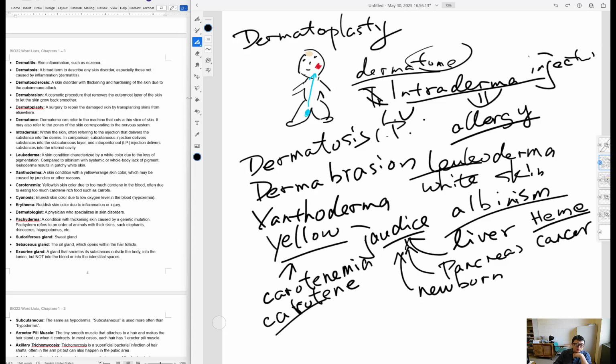Where can you find carotene? Carrots. Largely, these people eat too much carrot, accumulate too much carotene in the blood, and then their whole skin looks yellow, or more like orange. A very experienced physician, I believe, can easily distinguish between jaundice and carotenemia. Carotenemia, I don't know how to pronounce it, but they should be able to do so.